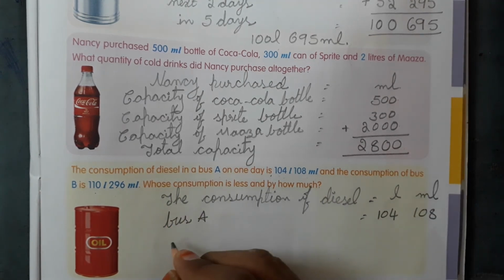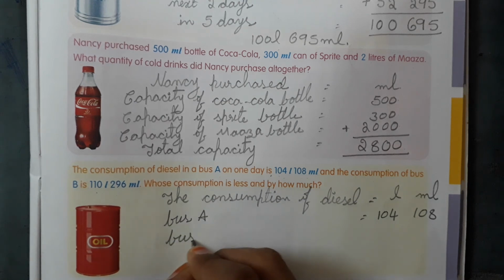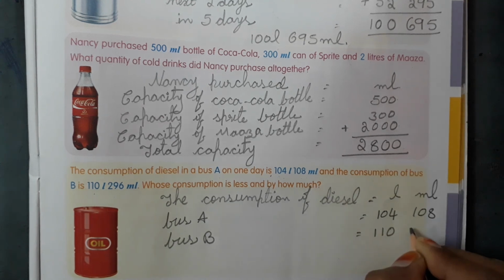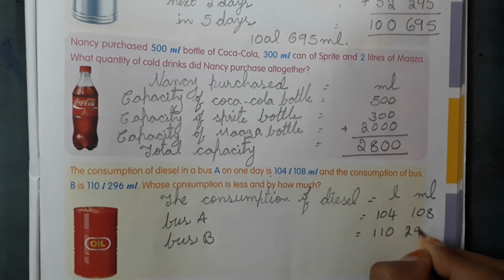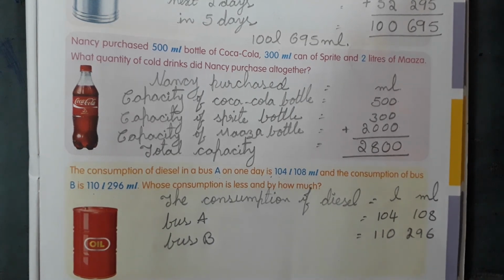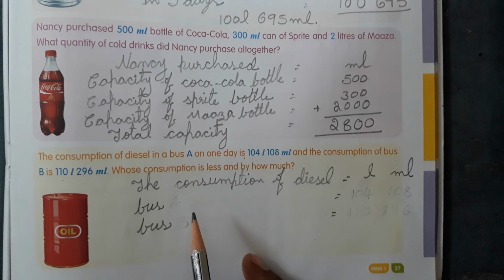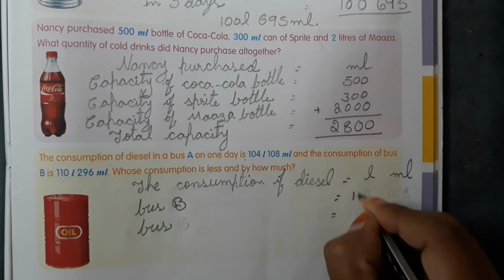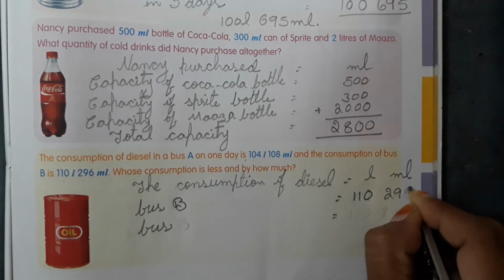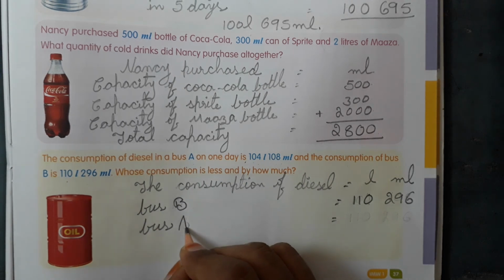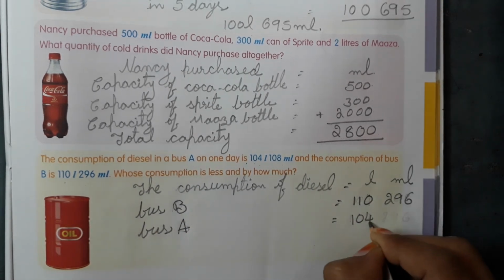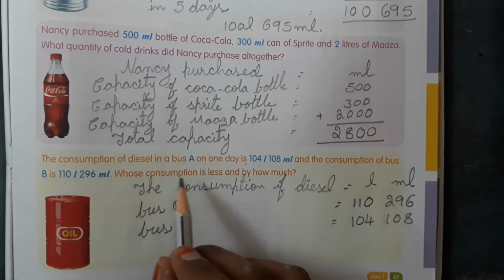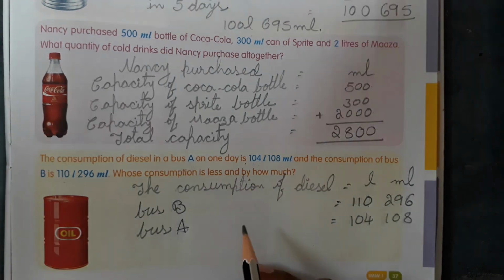And the consumption of diesel of bus B. How much? 110 liters, 296 milliliters. Once look, children, which bus consumption is highest? Bus B. So first write bus B, 110 liters, 296 milliliters. After that write bus A, 104 liters, 108 milliliters. Now whose bus consumption is less and by how much they are asking.